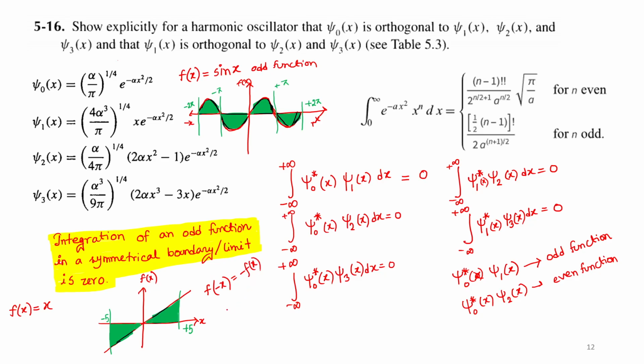Now what about psi 0 star, the complex conjugate obviously, x psi 3 x? You will see this is also an odd function because x cube is there. So this is also going to be 0. So following this, this is 0.